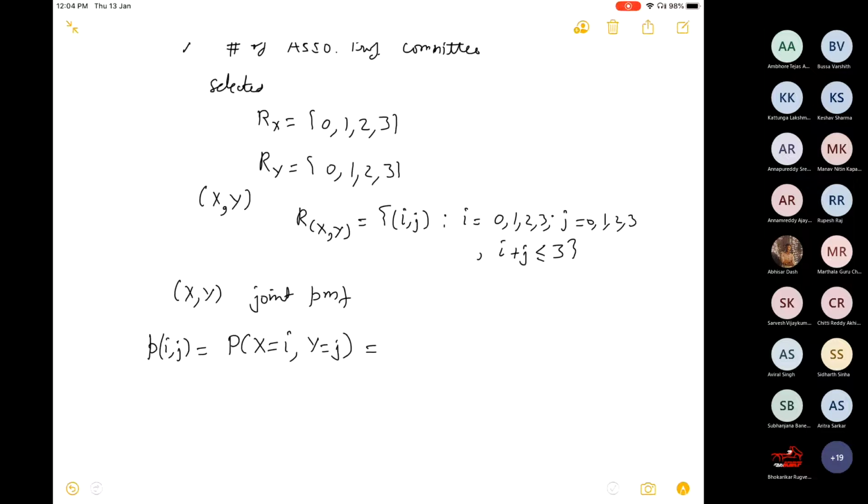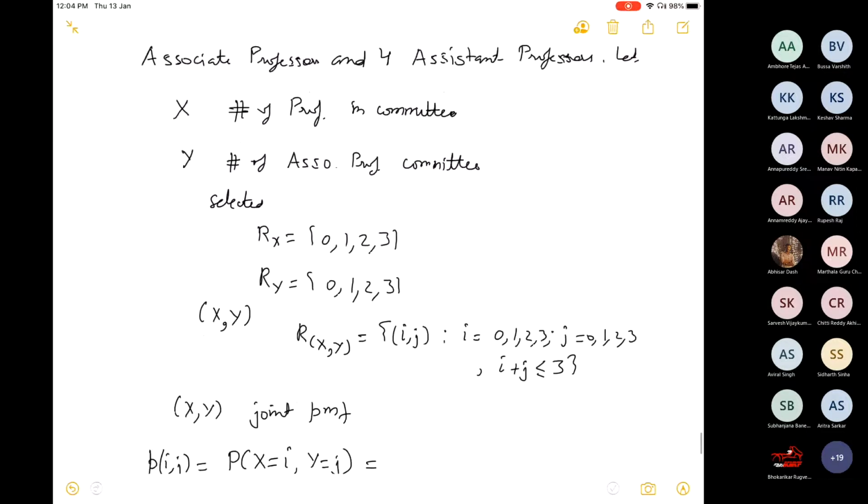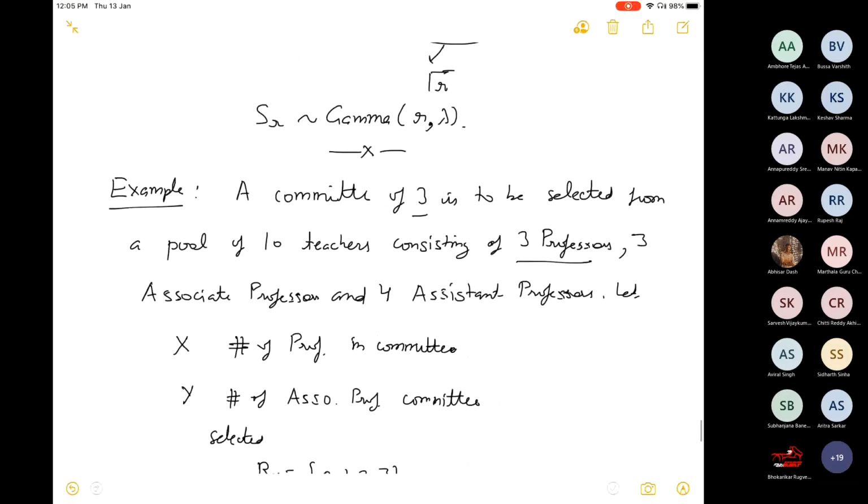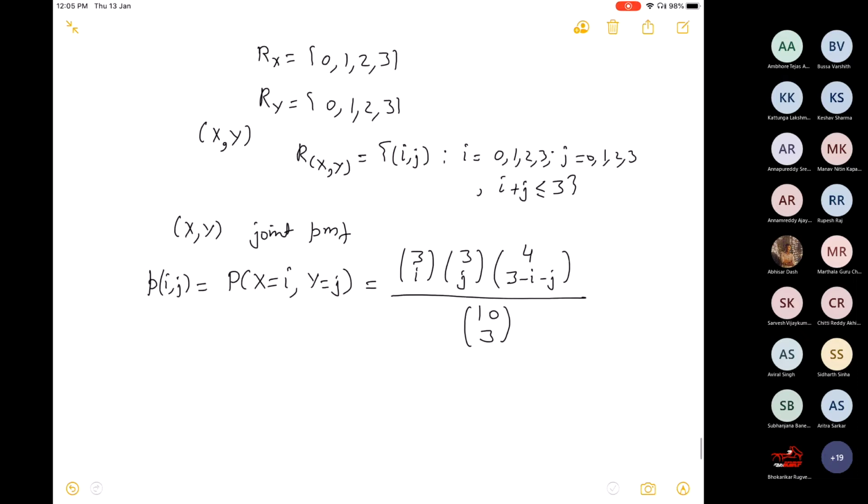Out of 3 professors, i are selected, and out of 3 associate professors, j are selected, and out of the 4 assistant professors, the remaining 3 minus i minus j are selected, divided by 10C3, because 4 plus 3 plus 3, out of 10, 3 are selected.